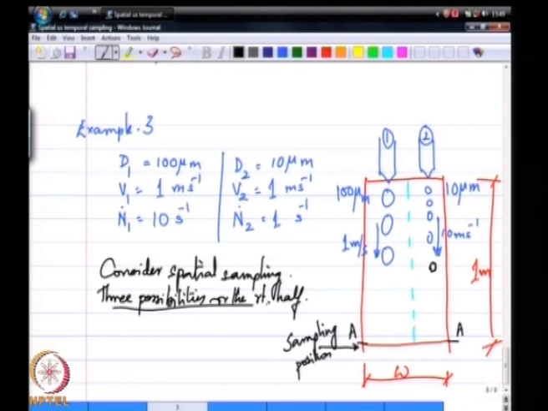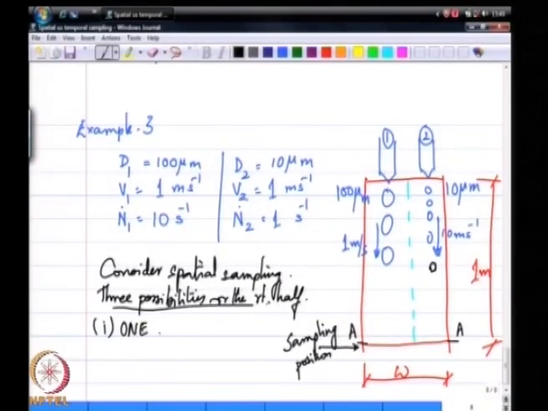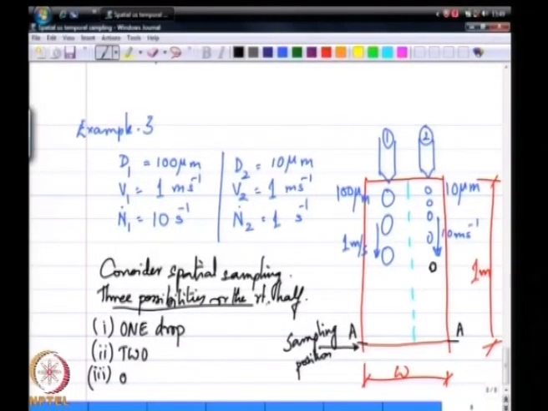That is, I only have one possibility that there will be 1 drop in the frame, the other 3 where it is just about to exit or just about to be produced are sort of rare events. So, 2 drops and no drops are both rare events.